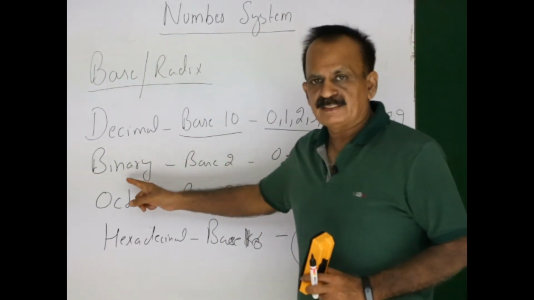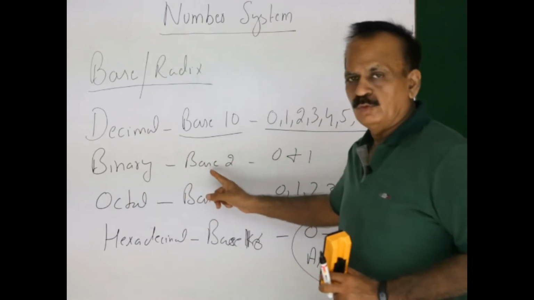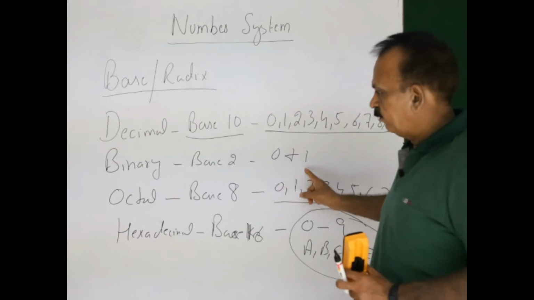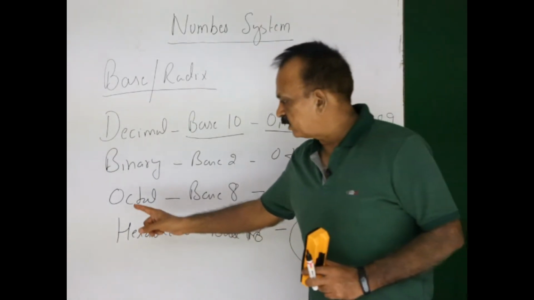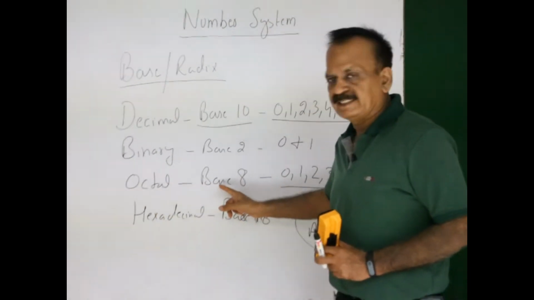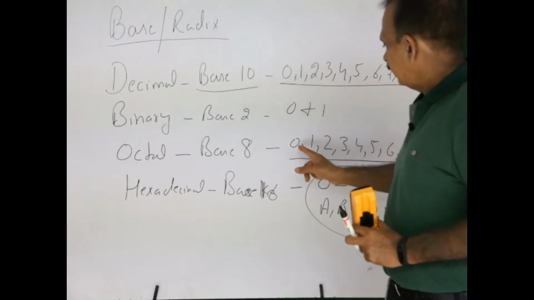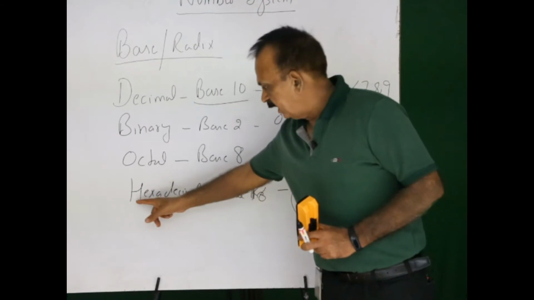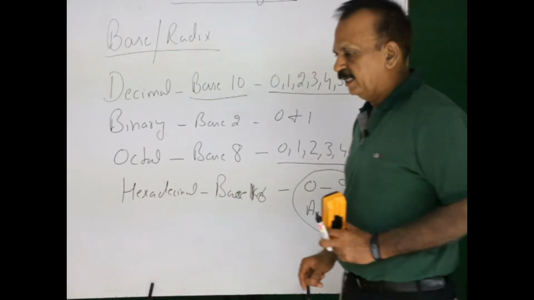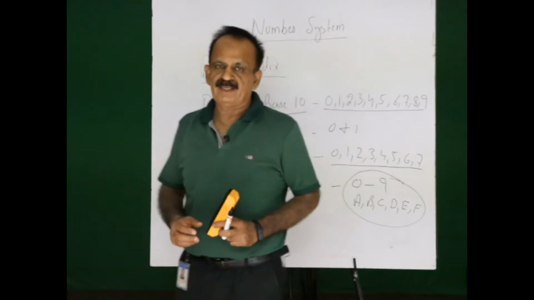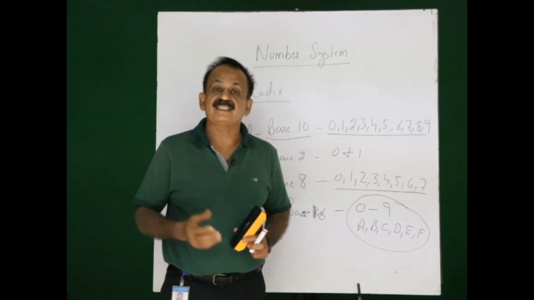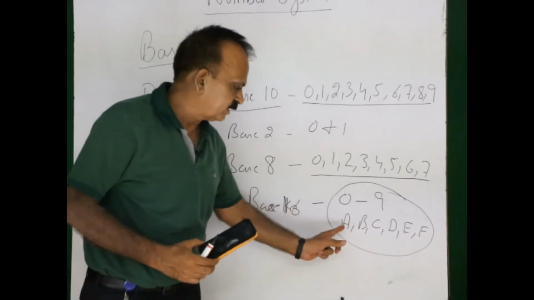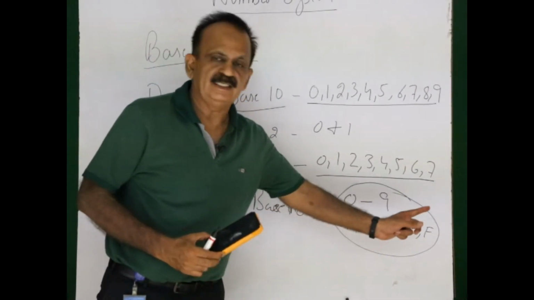Similarly, the binary number system has base 2, and it will have only 2 digits, 0 and 1. The next one is octal. It has base 8 and the digits are 0 to 7, the 8 digits. And then the hexadecimal number system has base 16, that means digits or symbols will be 16: 0 to 9, which are 10, and then 6 more, A, B, C, D, E, F.